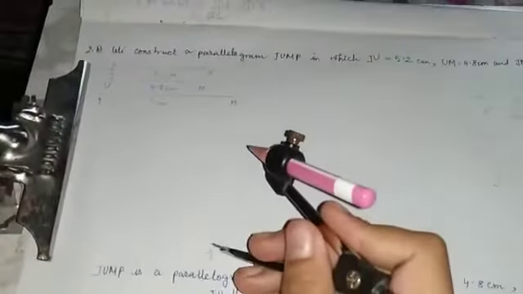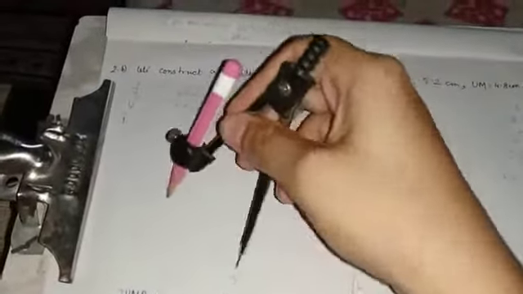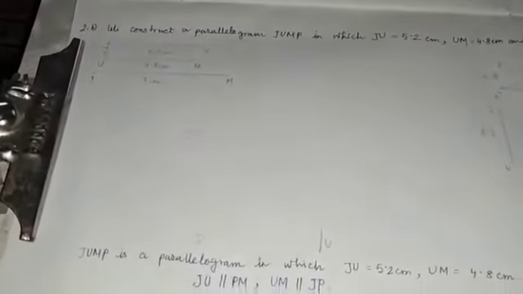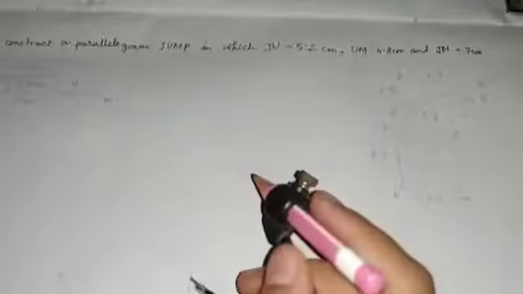Putting on J, we are getting the point P. Try to do this in longer length so that next time you don't have to repeat this. Similarly, 4.8 is given on this side also, so you have to put the same arc putting at U. Just follow the same arc.